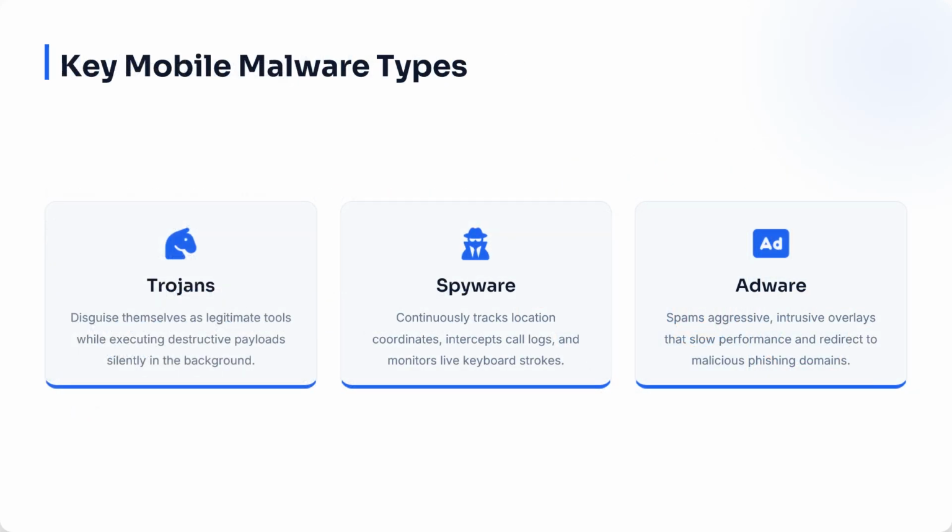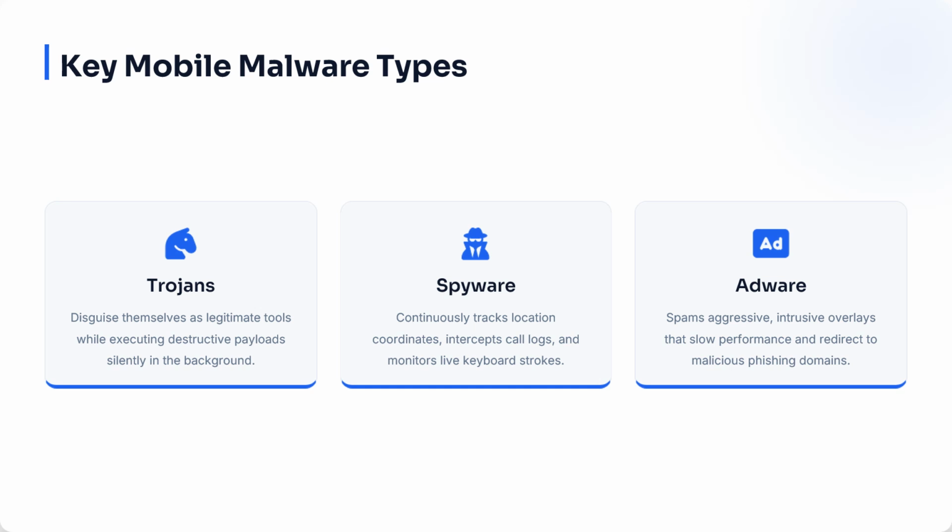To protect ourselves, we first need to understand the enemy. There are three primary types of mobile malware you will encounter. Number one, Trojans. They are master manipulators. They look like completely legitimate, useful tools like a video editor or QR code scanner, but they execute disruptive payloads silently in the background once installed. Number two, spyware.